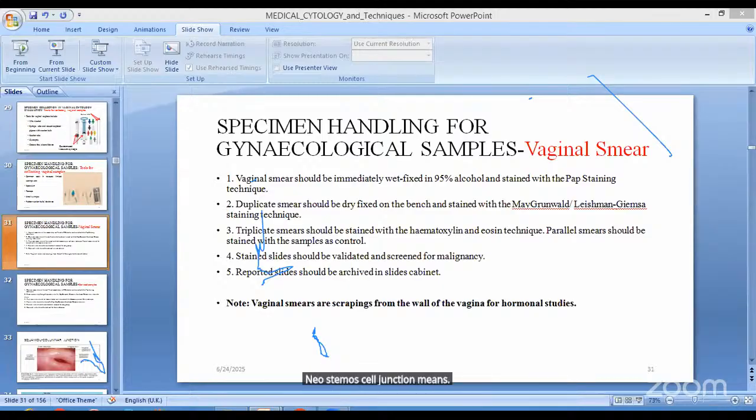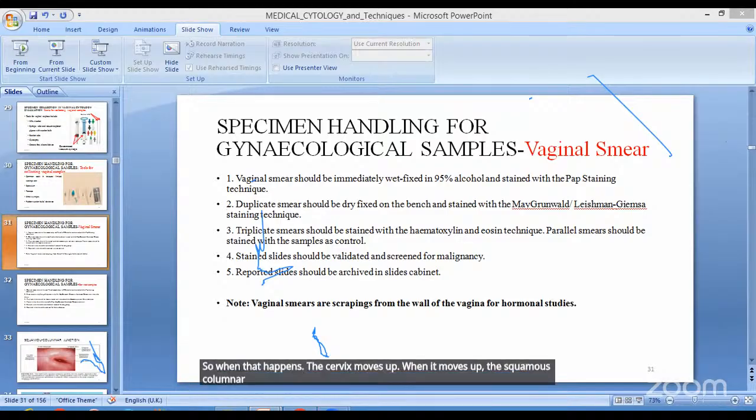When you open the cervix, in women of reproductive age, depending on the number of parity, the number of children they have, the uterus moves after every childbirth. So when that happens, the cervix moves up. When it moves up, the squamous columnar junction changes position.